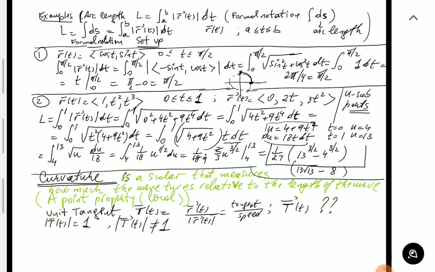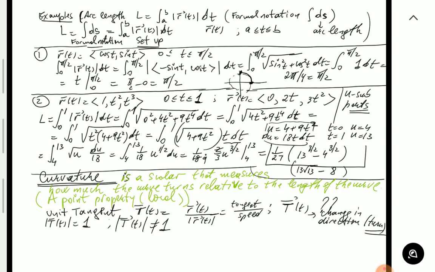It could be 0 if there is no change in the direction, or a big number if there is a lot of change in the direction itself. So again, T prime of t is going to measure the change in direction, or the turn if you want.